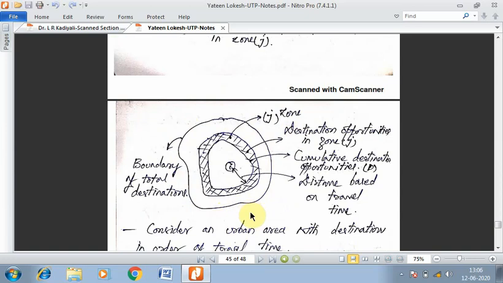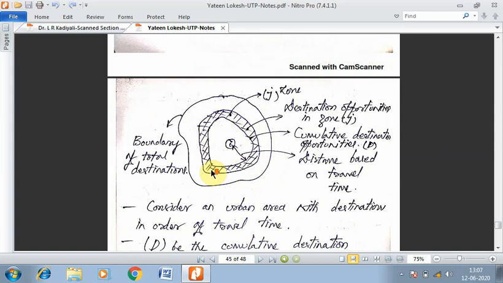So this diagram represents the boundary of the total destinations, and this shaded portion is say zone J, and this particular portion is say zone I. The distance between zone J and zone I is based on travel time, and then the inner boundary what you have here is the cumulative destination opportunities D, and the shaded portion is the destination opportunities in zone J.